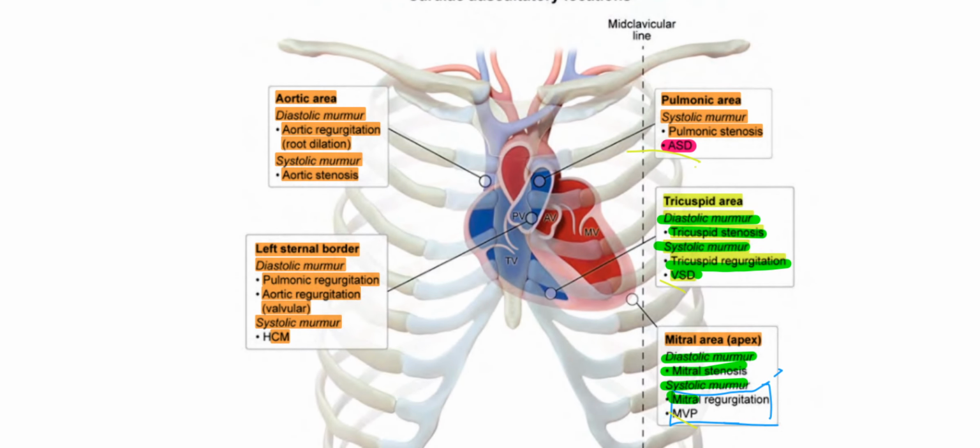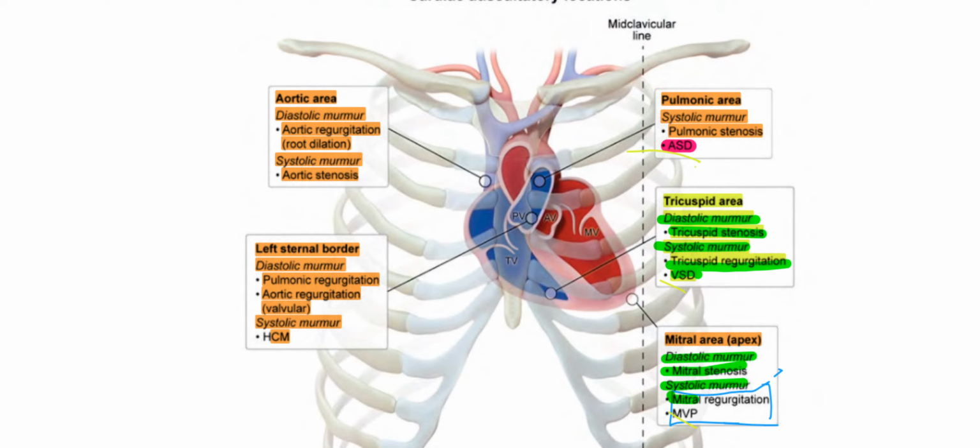Let me repeat these locations. Aortic area, that is the second intercostal space. If we have aortic regurgitation from root dilation, that will produce diastolic murmur. And if we have aortic stenosis, that will produce systolic murmur.